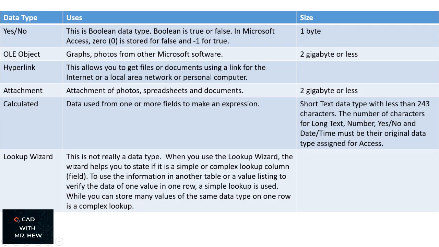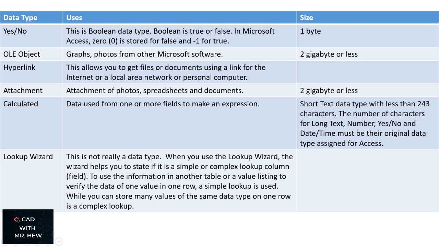All right, the next data type you have is yes, no, and this is the Boolean data type, right? So Boolean data type is basically specifying whether the value is true or false, right? So for example, if you have a light switch, on could be true and off could be false, or 0 could be off or 1 could be on.